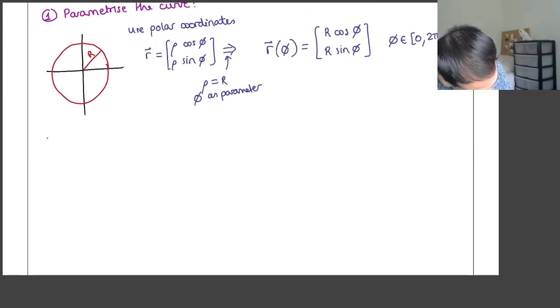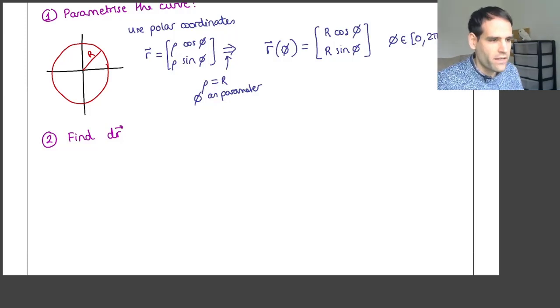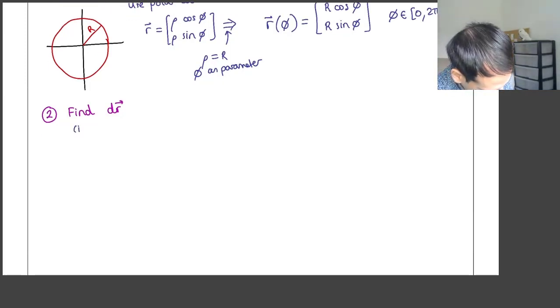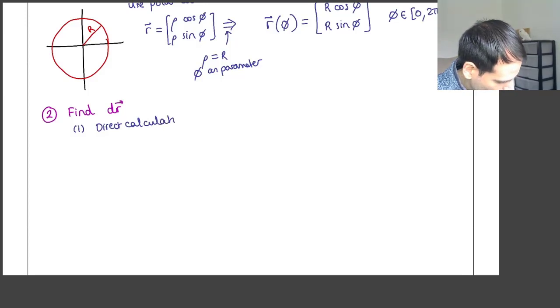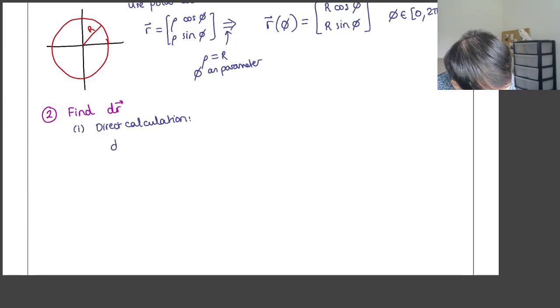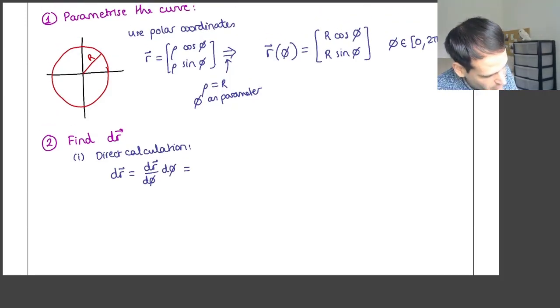Step 2 is to find the vector dr, the differential displacement dr. We know different ways of doing it. The first way, maybe we can do it by direct calculation. So dr is equal to the derivative of r with respect to the parameter phi times d phi. Let's calculate the derivative of r with respect to phi.